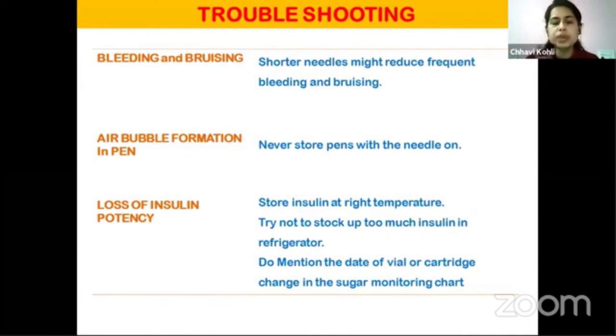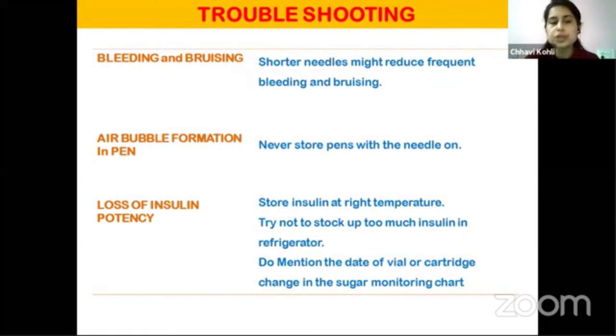Also, patients should be well educated to check for air bubbles before injecting the insulin. They should be told to bring the insulin devices to the clinic every time they visit, so that the healthcare practitioner or the educators can check the insulin pens for air bubbles. Also, loss of insulin potency is noticed many times because of not storing insulin at the right temperature.